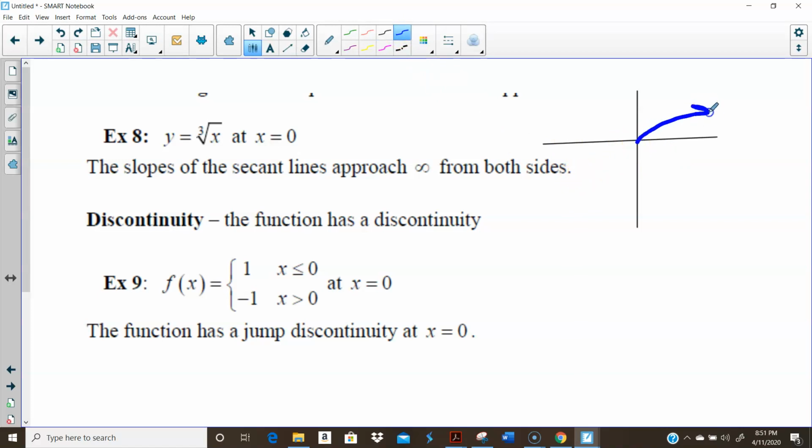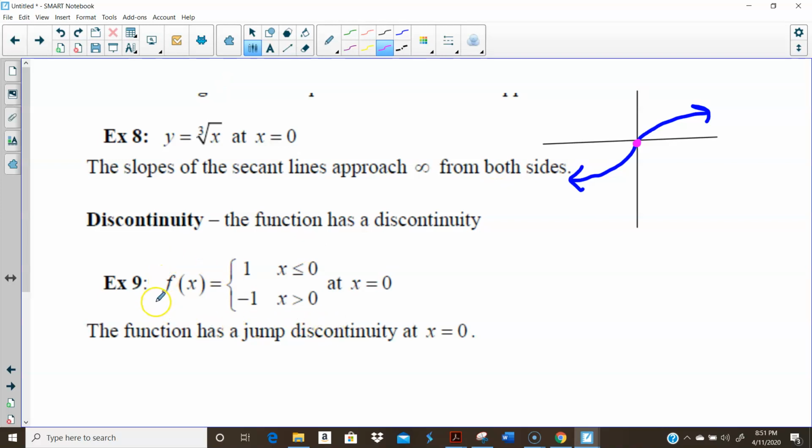So we have this part and then this part. There's our cubed root graph. Again, we have the same problem as I approach 0 from the left and right. There are different ways that I can draw that line, and so because of that, I can't differentiate because the slopes of those lines will be different.